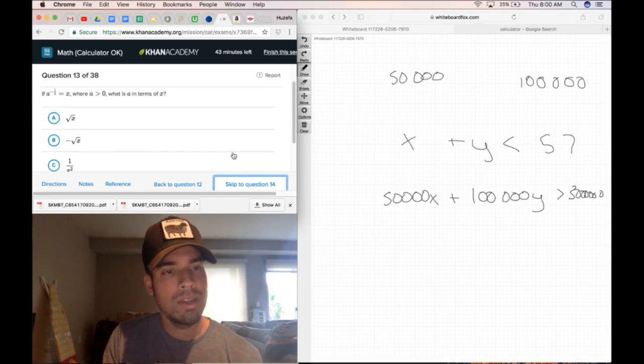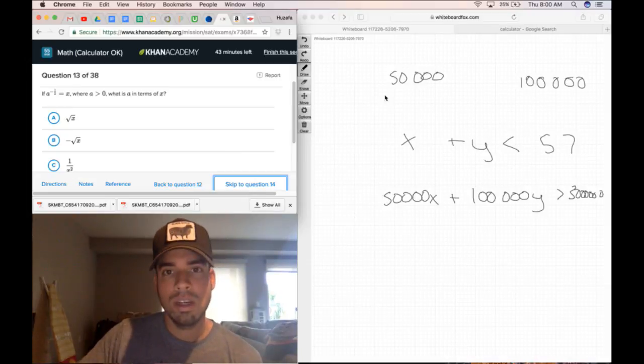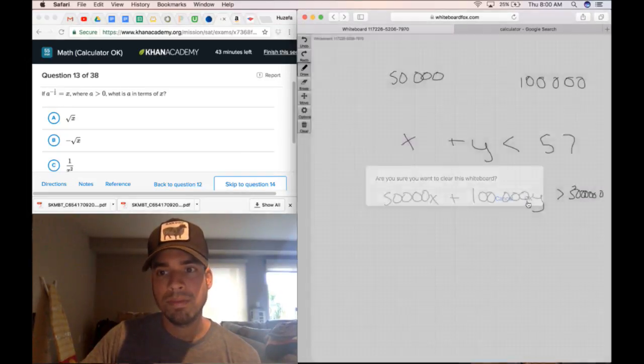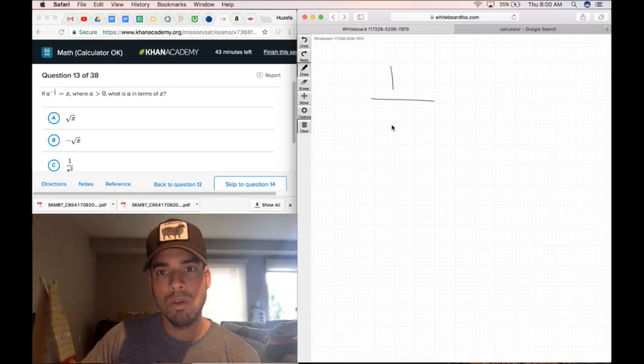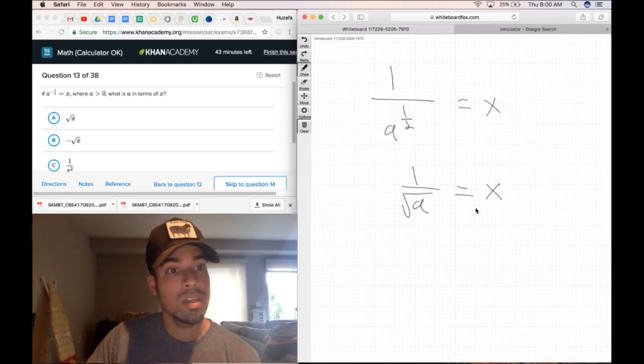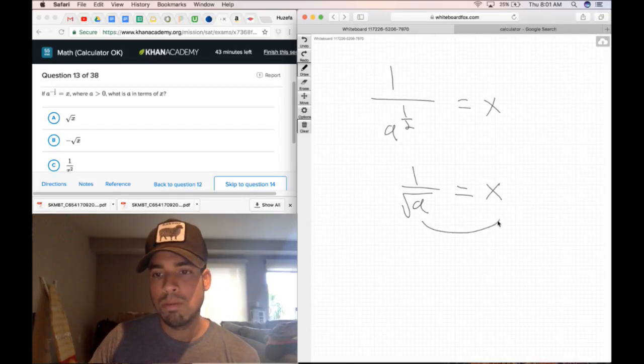Next, a to the negative 1/2 equals x, where a is greater than 0. What is a in terms of x? So we have to isolate this. First of all, a to the negative 1/2 is 1 over a to the 1/2. This is 1 over the square root of a equals x. Now we want to isolate a. I'm going to multiply by the square root of a over here.